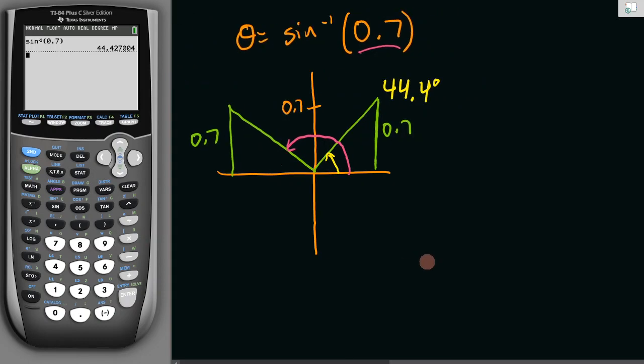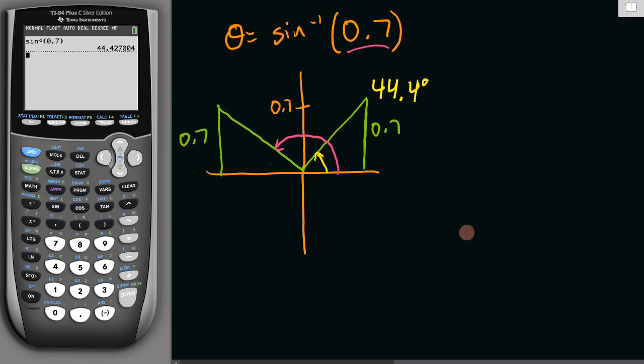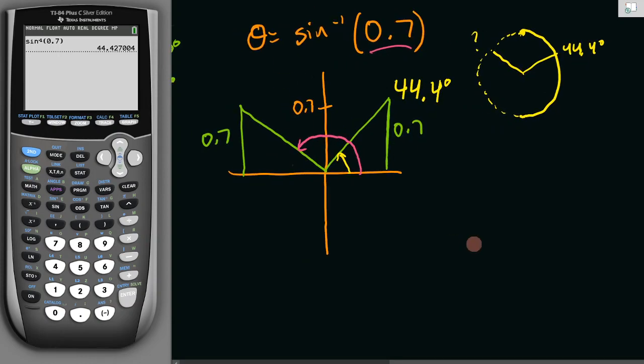If you recall from my last video, I talked about what your calculator does for inverses. Your calculator for sine only gives you the right half of the circle, so the left half of the circle is completely ignored. But this one correctly gives us our 44.4 degrees over here. Now the question is, how can we figure out this angle over here? Well, that is going to be 44.4 degrees back from 180.